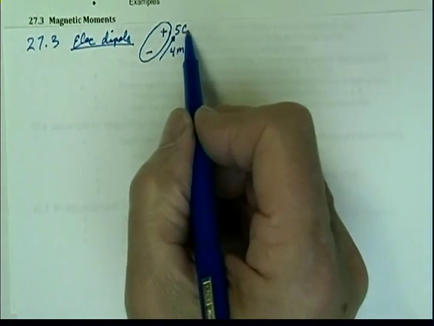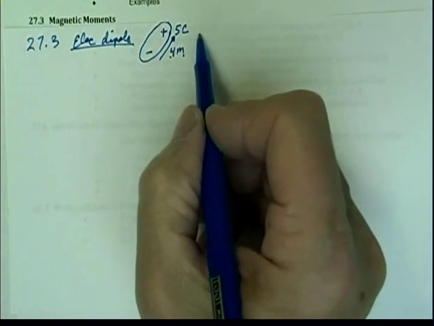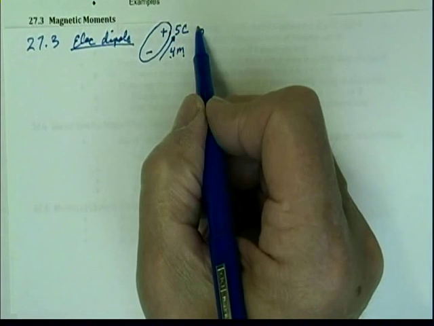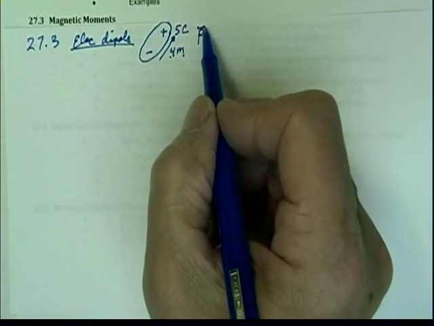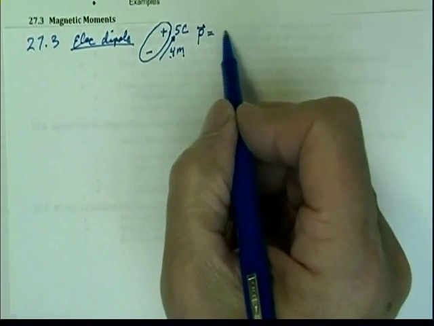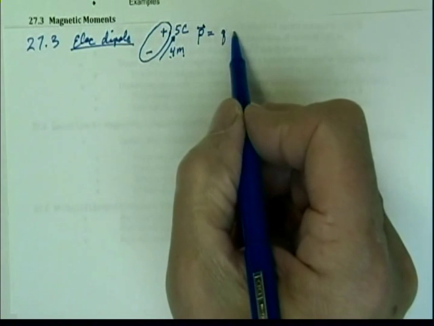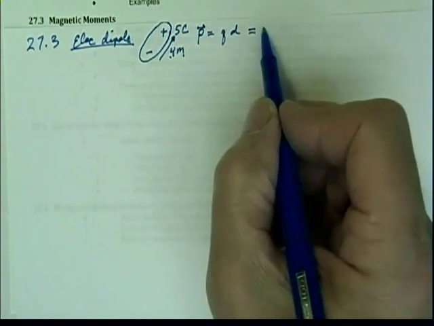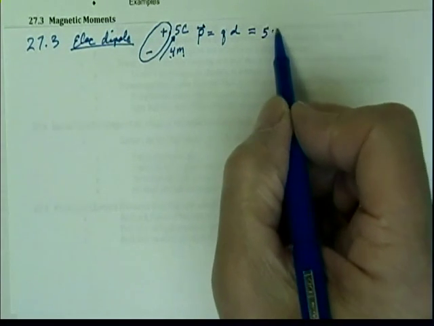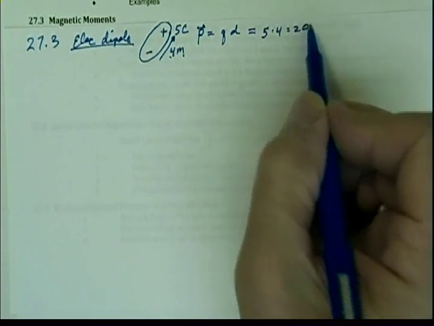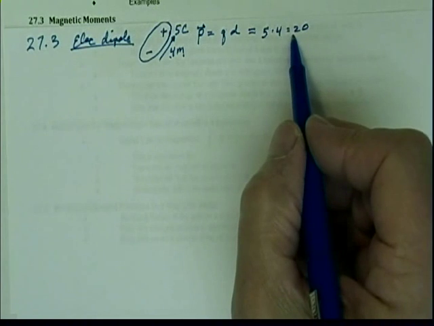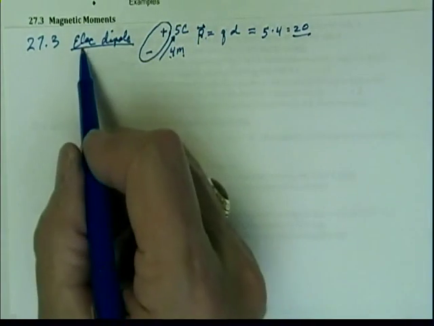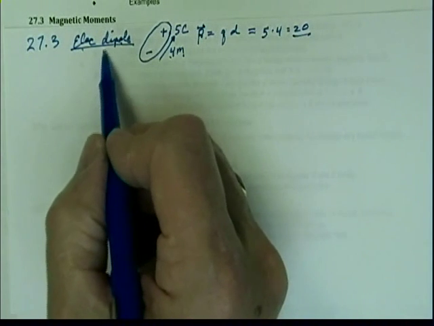Then the positive charge times the distance between them gave us what we call small p, the electric dipole moment, which was defined as the charge q times the distance, and in the direction of the distance. So this would be 5 times 4, which would be 20. And that value of 20 gives us this value of p, called the electric dipole moment.